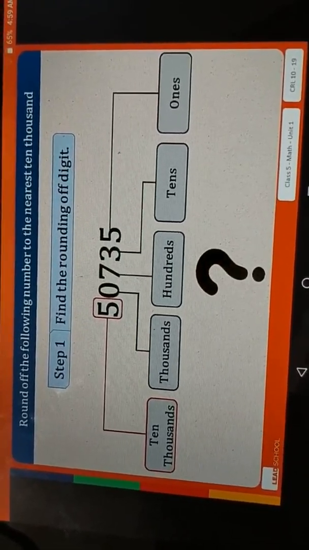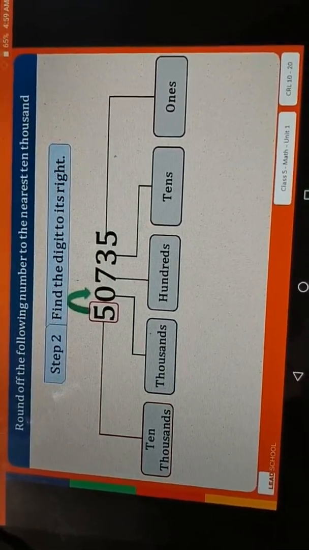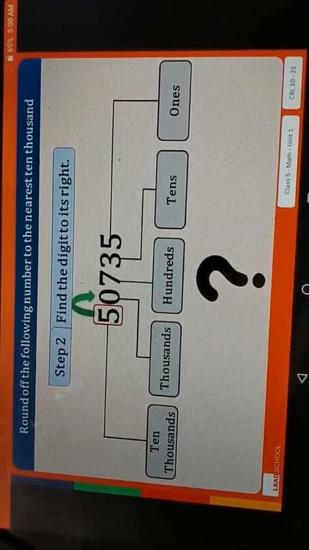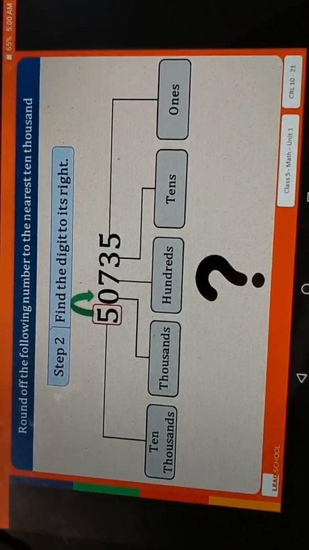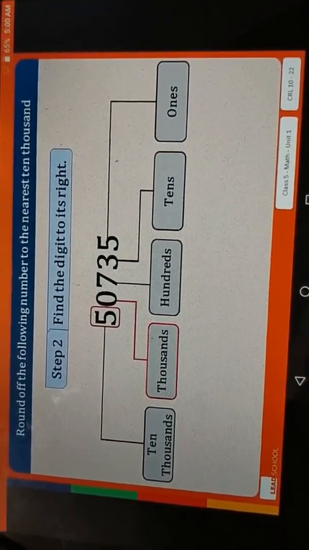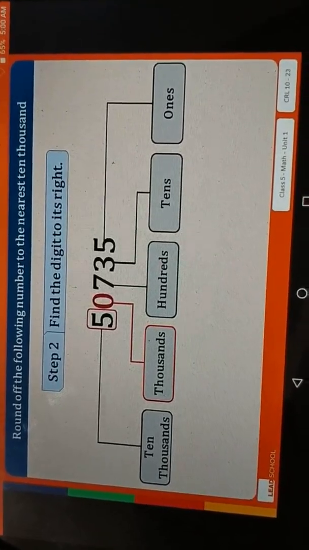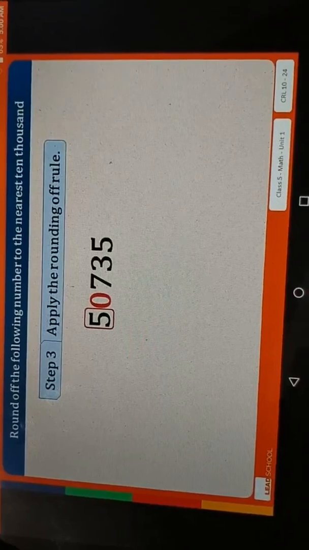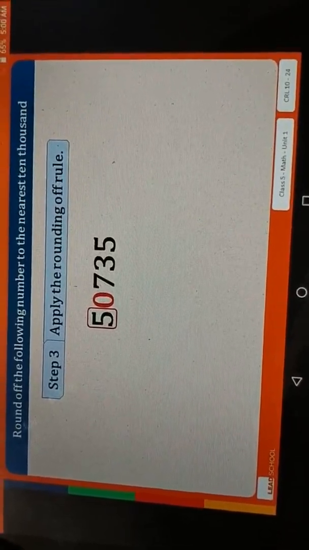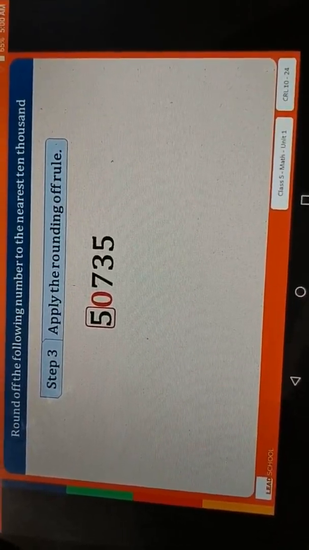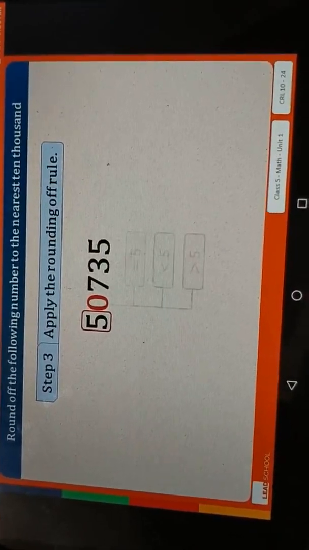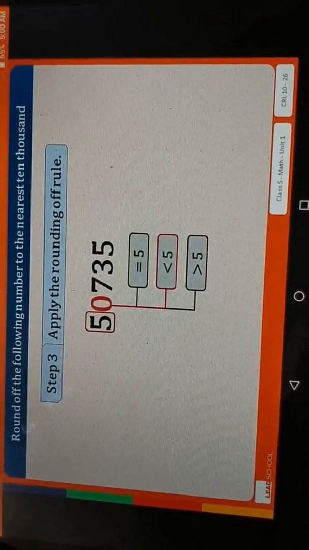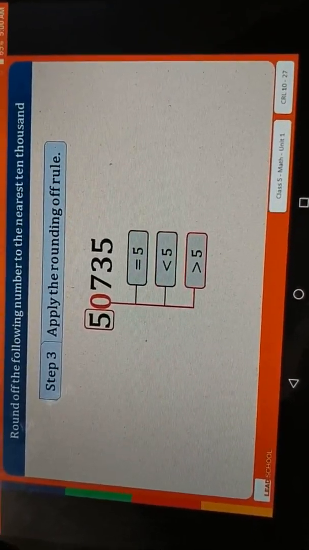What should we do next? We have to find the digit to its right. Which place value is towards the right of 5 here? Yes, it is the thousands place. And we have 0 in this place. Now, let's apply the rounding off rule. For this, we will check if the digit to the right is equal to 5, less than 5, or greater than 5.